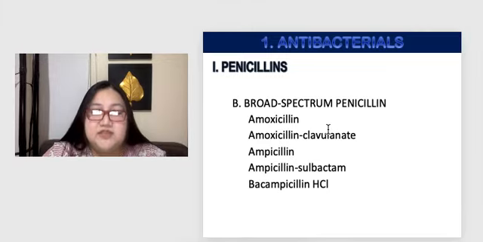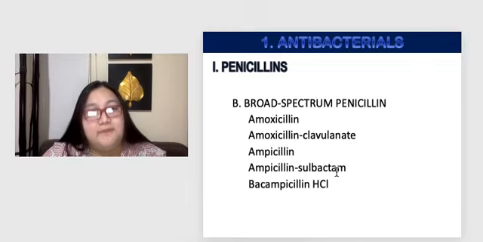And again, you can see here, meron ding ampicillin sulbactam. So, the sulbactam is the beta-lactamase inhibitor. Again, para hindi maging resistant si penicillin against the beta-lactamase ng bacteria. Okay, and the third is tazobactam.